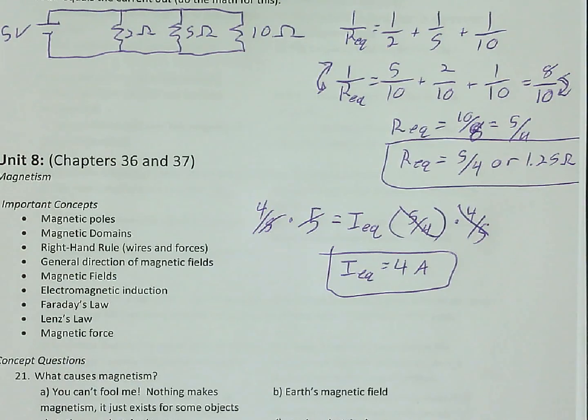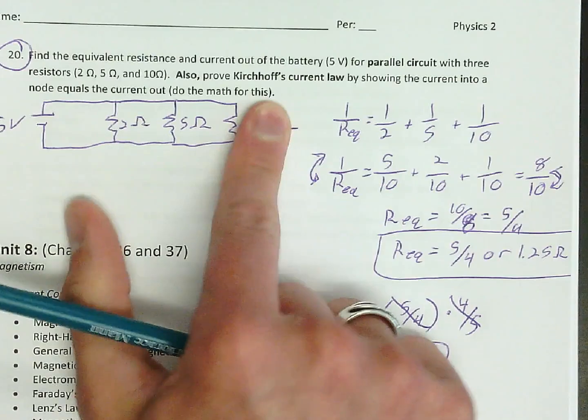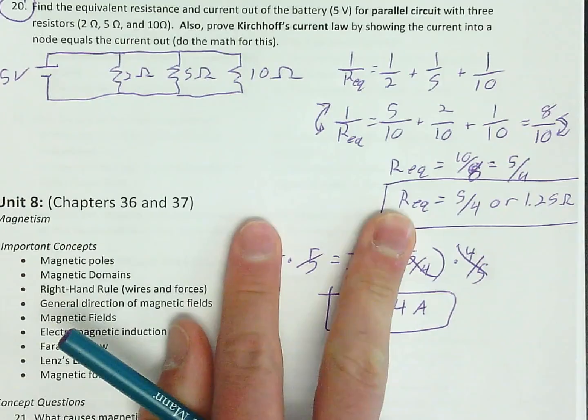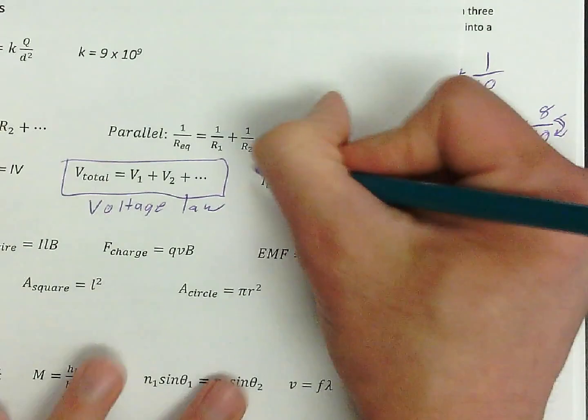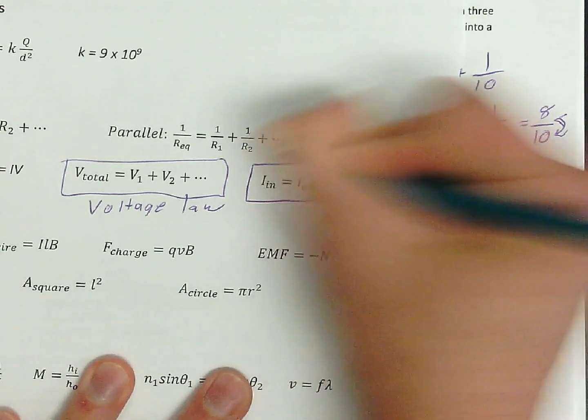Now I'm ready for the last thing, which says prove Kirchhoff's current law. Kirchhoff's current law is this one: current in equals the current out.